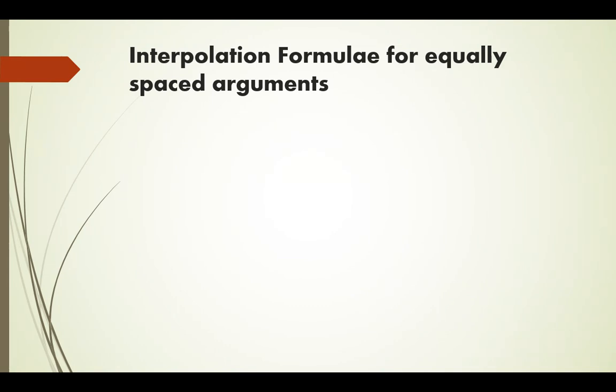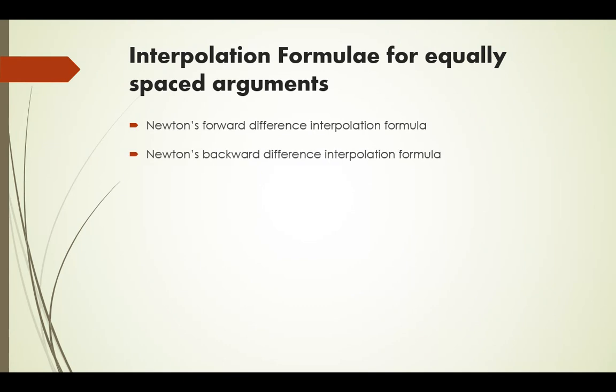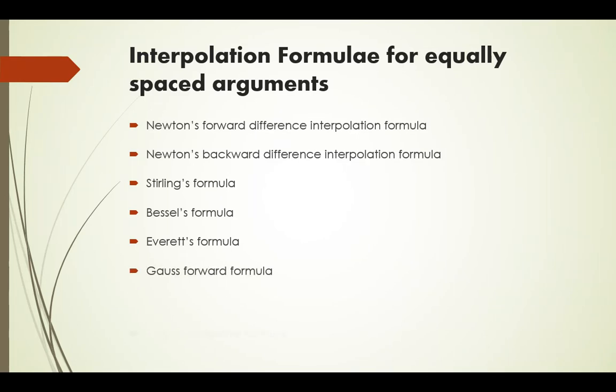There are some formulae for equally spaced arguments. Interpolation formulae for equally spaced arguments: the first one is Newton's forward difference interpolation formula, the second is the same Newton formula but with the backward difference. The third is Stirling's formula, then Bessel's formula, then Everett's formula, then Gauss forward formula, and then Gauss backward formula.